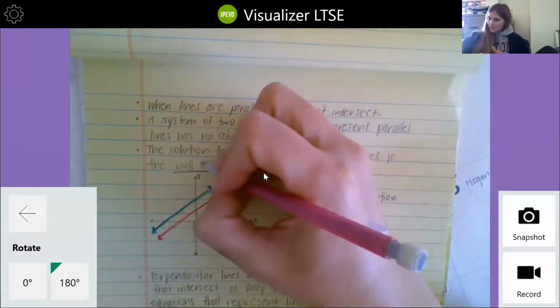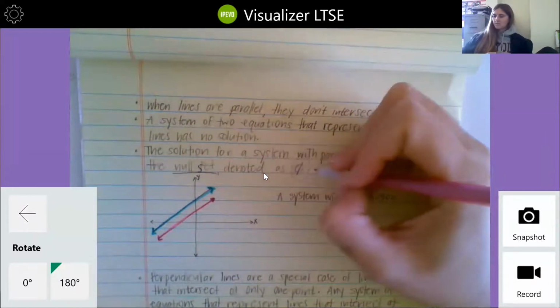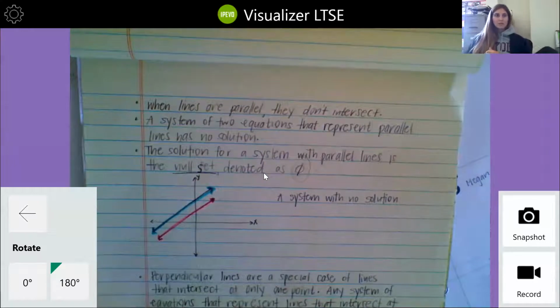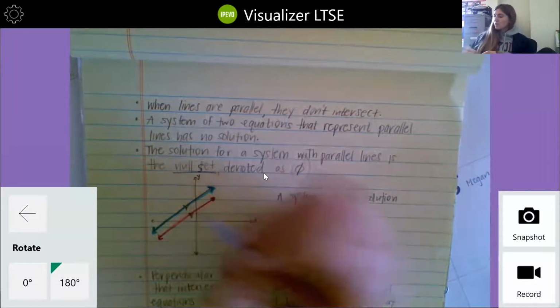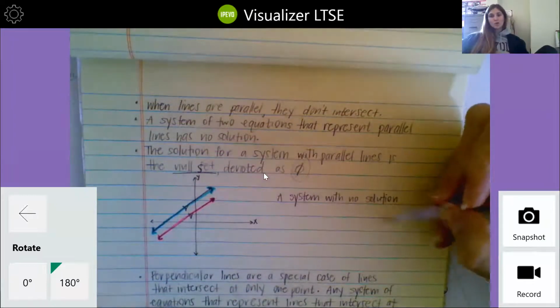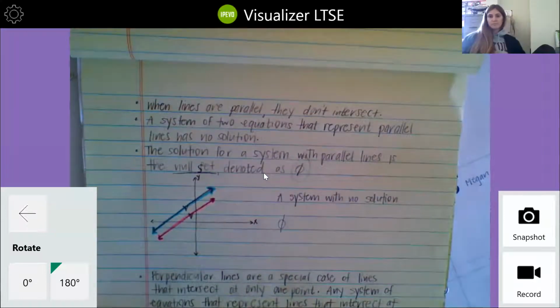The null set, which is denoted as this. So if I'm asking for the solution to a system of equations whose lines are parallel, the system would have no solution. The answer would be no solution.